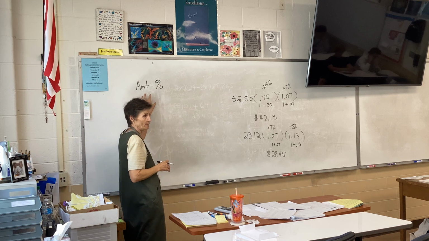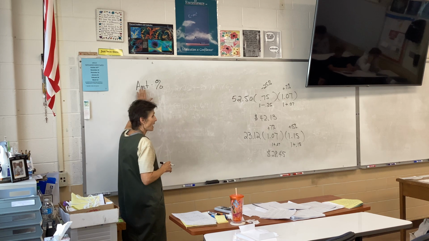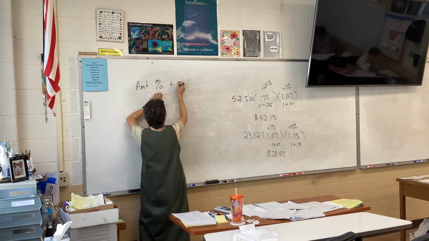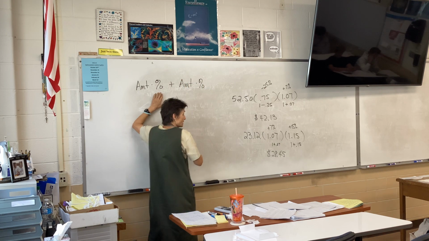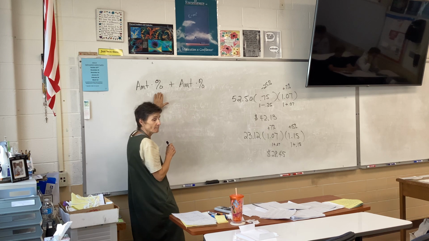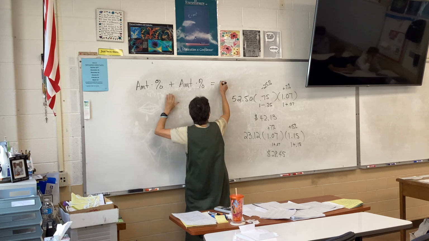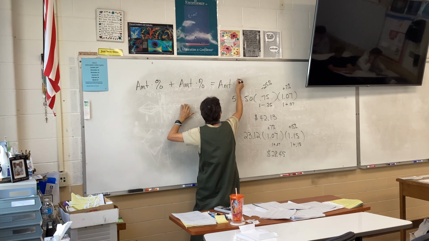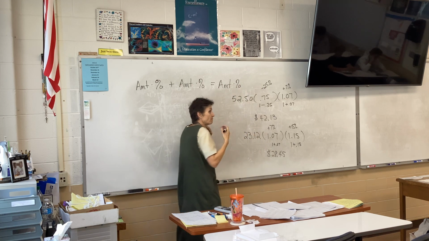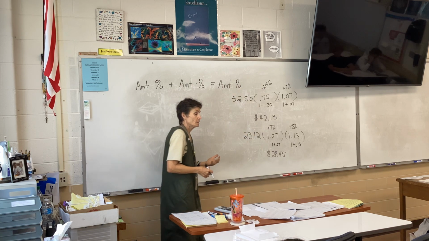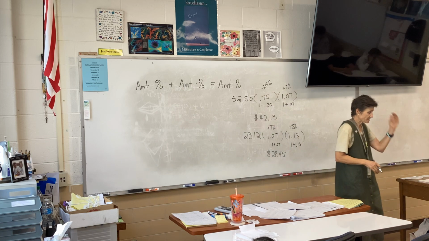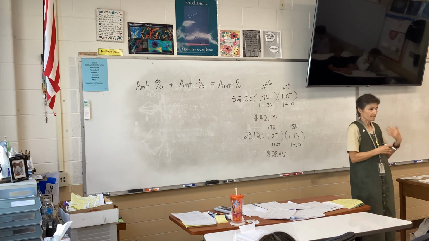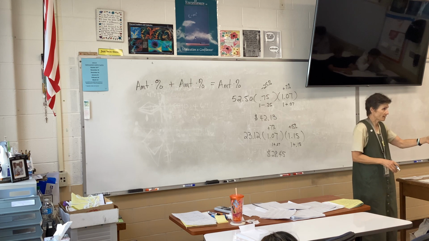So here's my weak lemonade, how much of it I have and what percentage it is. Add it to the amount times the percent of the strong lemonade, and that will equal the amount times the percent of the final mixture. So basically, amount times percent plus amount times percent will equal amount times percent.